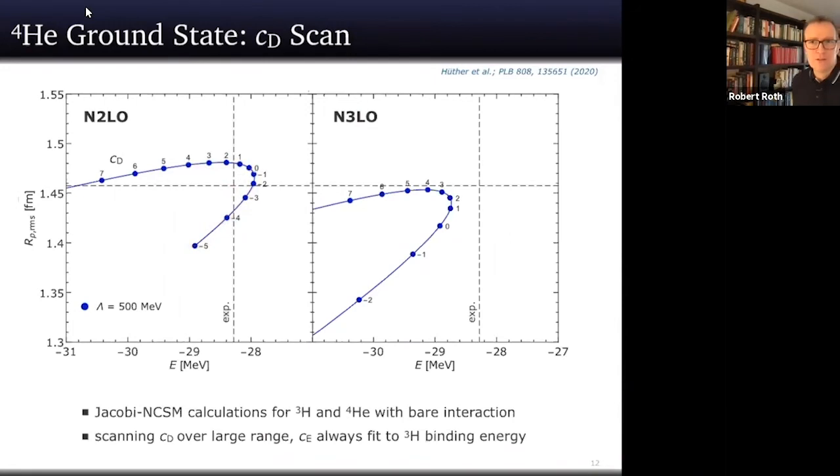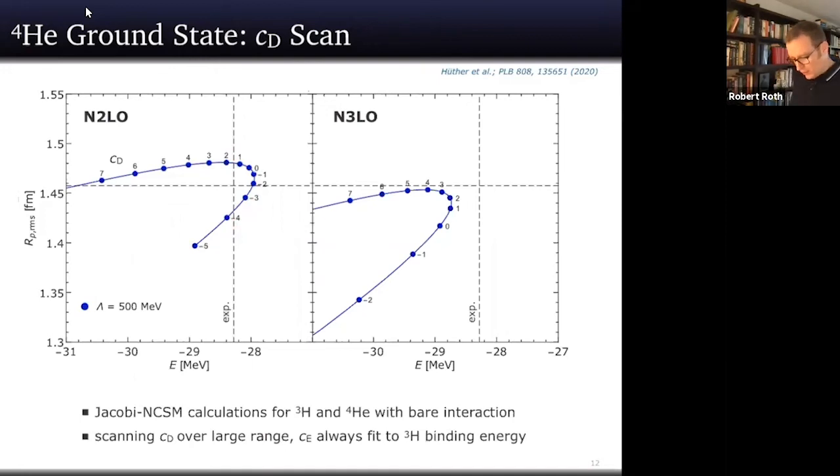So the first message is, if you construct your three-body force, it's not guaranteed that you can reproduce something like the four-body system, helium-4, in energy and radius precisely. You cannot, because this trajectory doesn't pass through this point. So you cannot pick an interaction, a combination of parameters, which does a perfect job on helium-4.